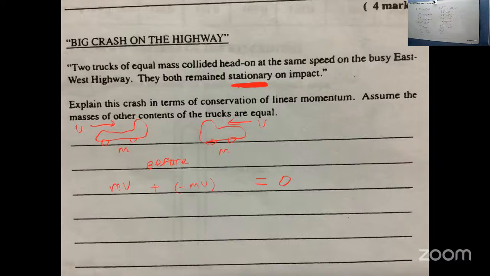Therefore, by the conservation of momentum, the total momentum after collision will also be 0. Of course the diagram here is going to help with your explanation.